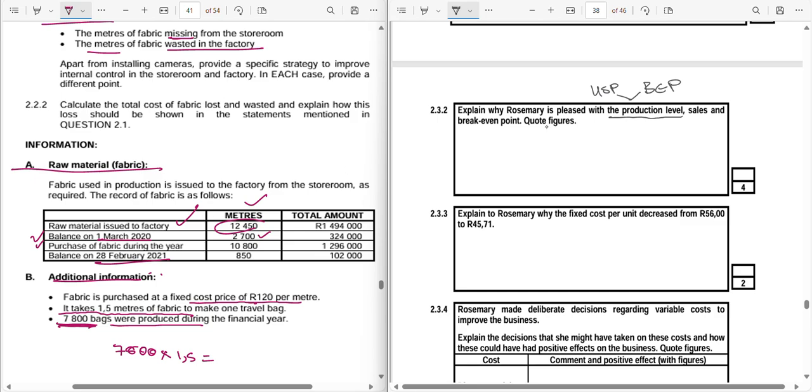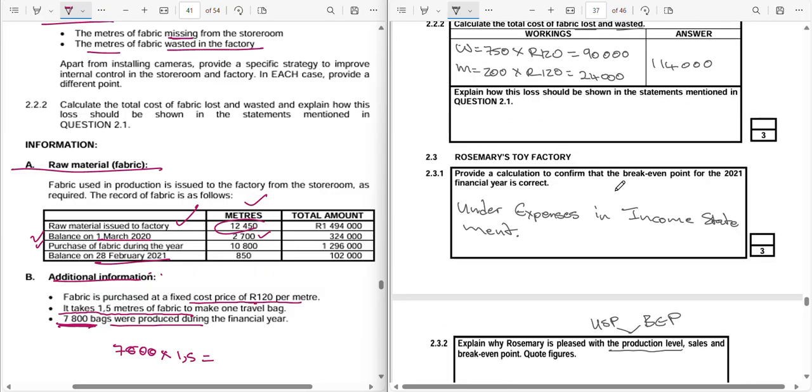When they say pleased, they mean the person is happy. What makes the person happy? I think it's because the units sold and produced are more than the break-even point. So do we have any break-even point there? Provide calculation. Oh, we must calculate first. I missed. We are supposed to respond on this part.